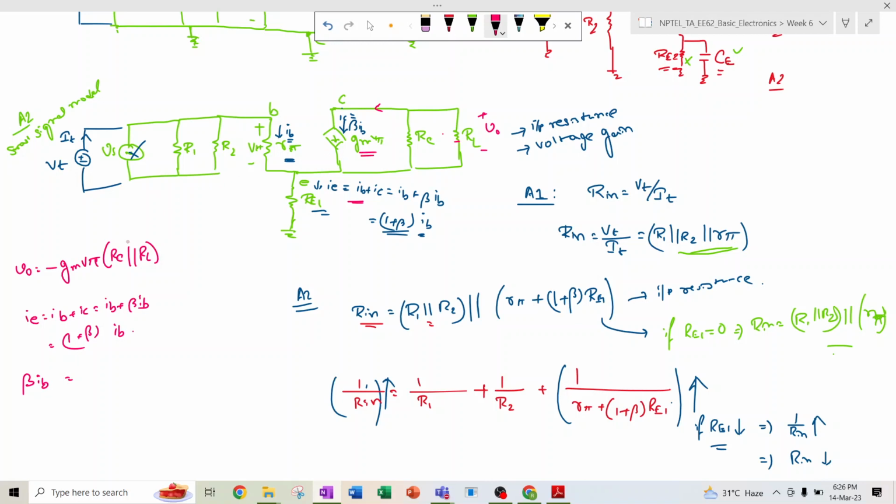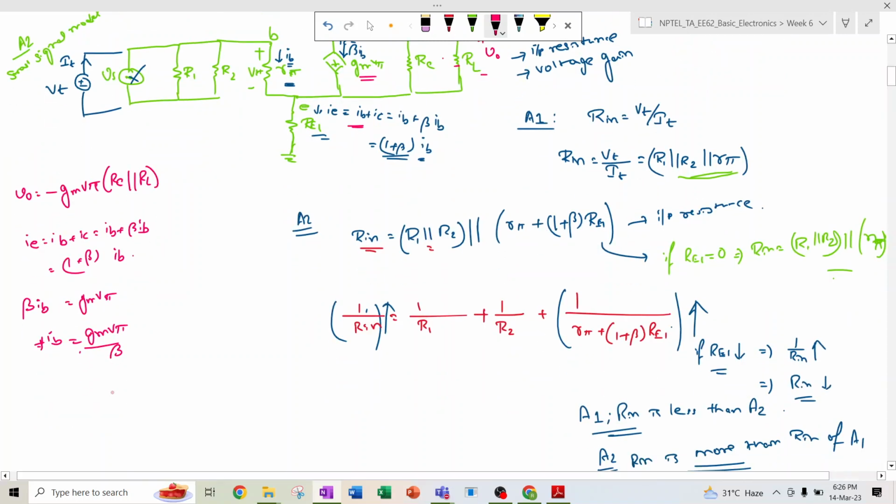So we can write IB as GM V pi divided by beta. Okay, so now what about this Vs, this voltage?